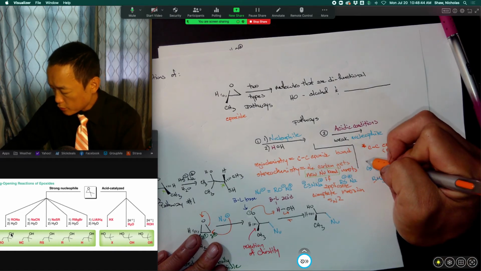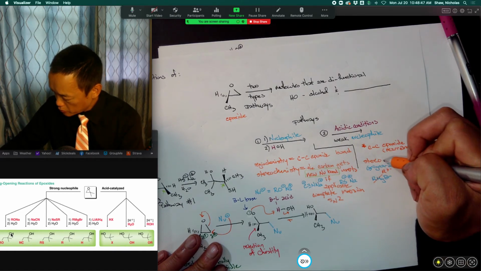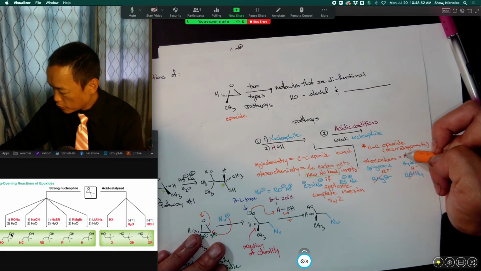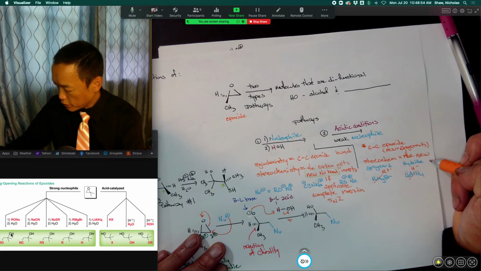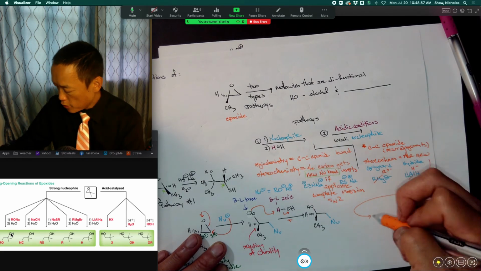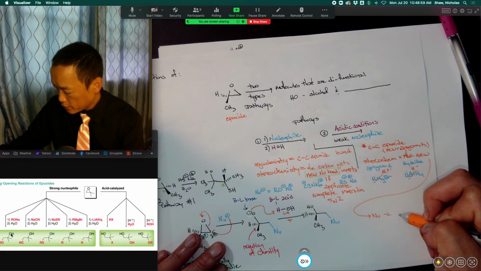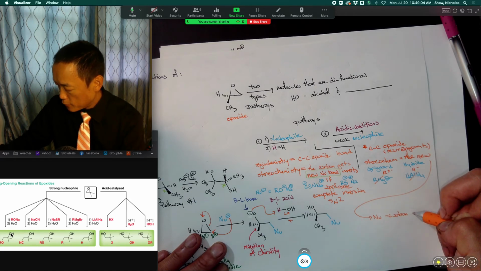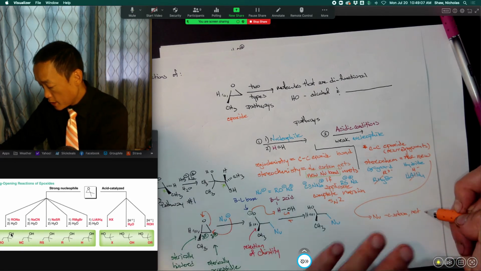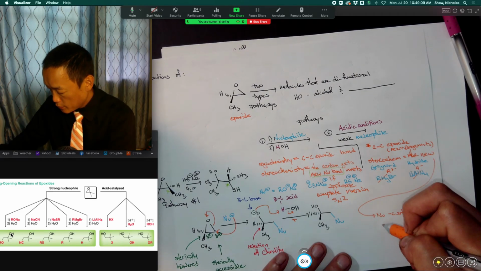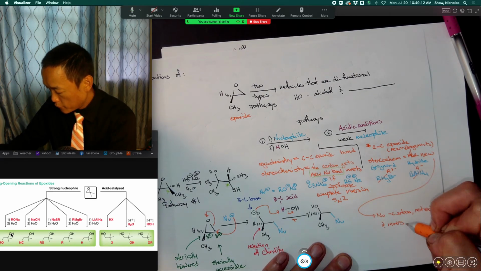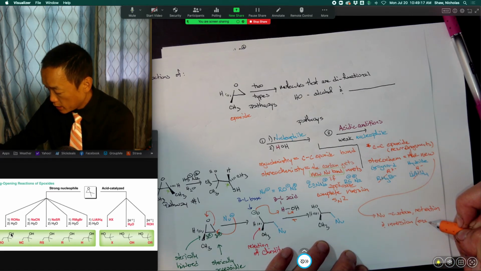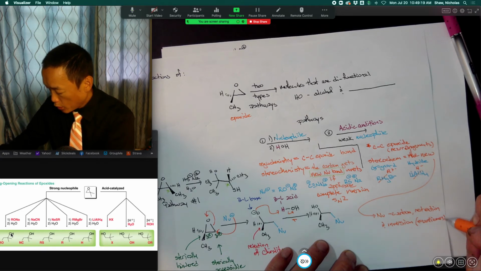And then the stereochemistry. So the new, we're just going to continue this down here. The new nucleophile carbon, retention and inversion, which is enantiomers, are both formed.